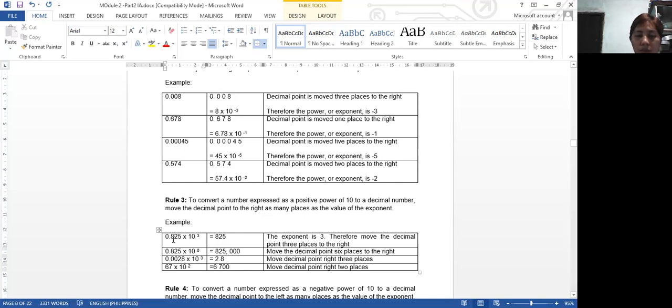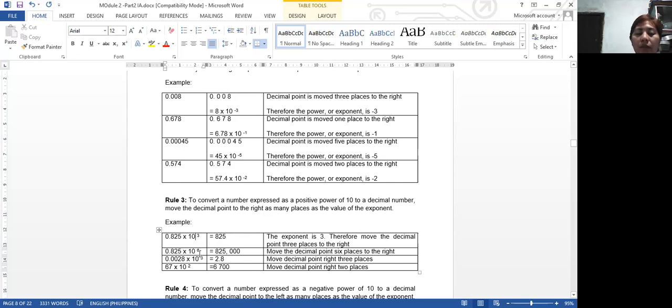So 1, 2, 3. The equivalent is 825. The exponent is 3, therefore move the decimal point 3 places to the right.